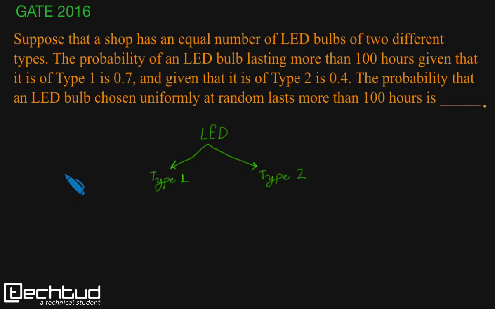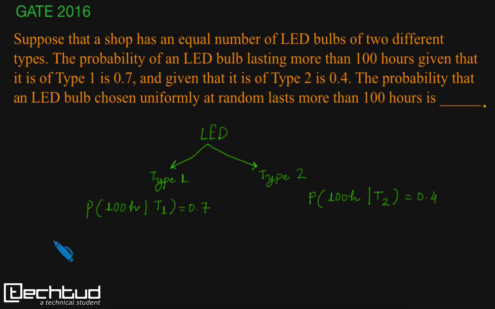So, what we can derive from this data is that the probability that a randomly chosen bulb will last for more than 100 hours given that it is of type 1 is 0.7, and the probability that a randomly chosen bulb will last for more than 100 hours given that the bulb is of type 2 is 0.4. So this data is given in the question.